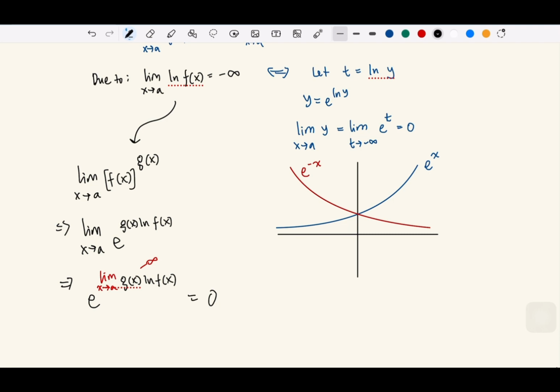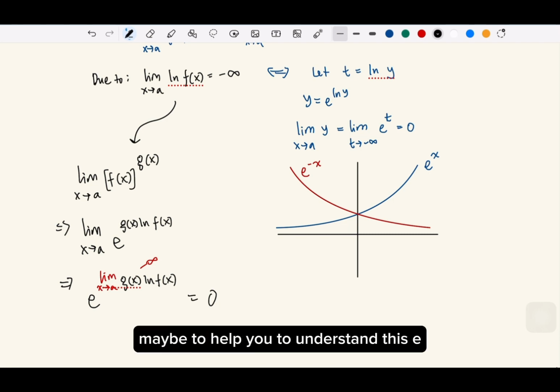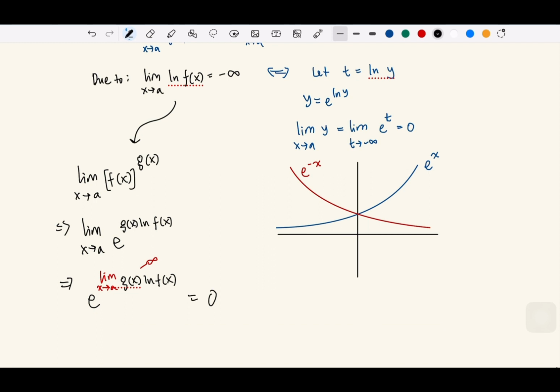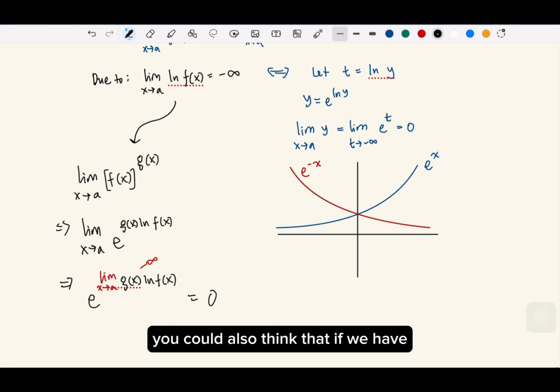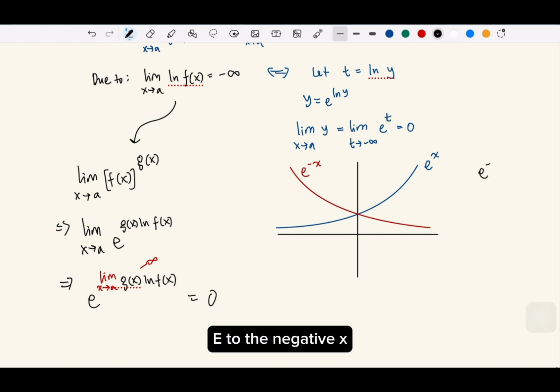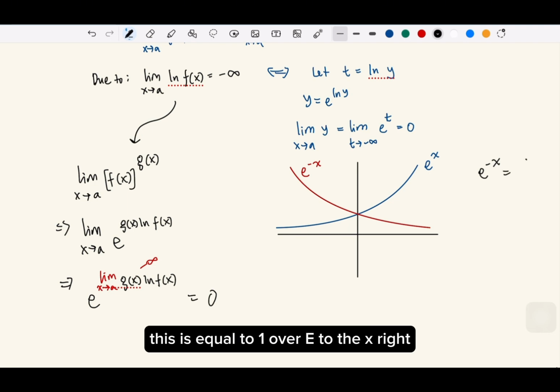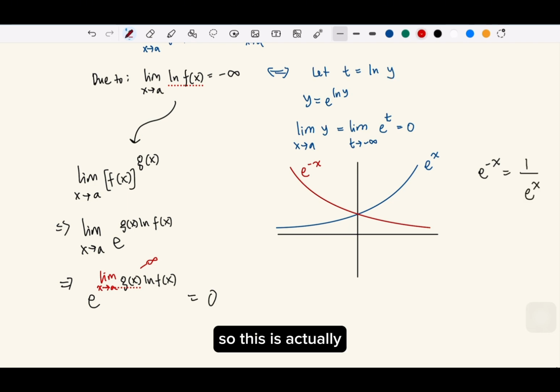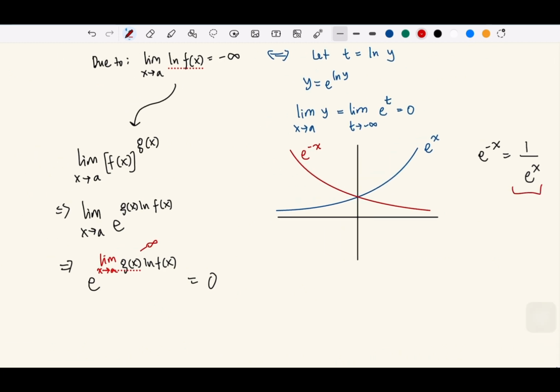Okay. Another description, maybe to help you understand this e, because you will see this a lot later on. You could also think that if we have e to the negative x, this is equal to 1 over e to the x, right? So if we take the limit for this, the limit will be 0.